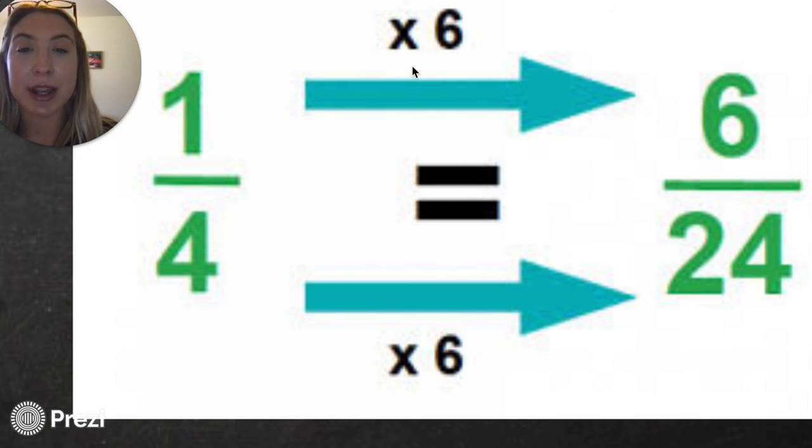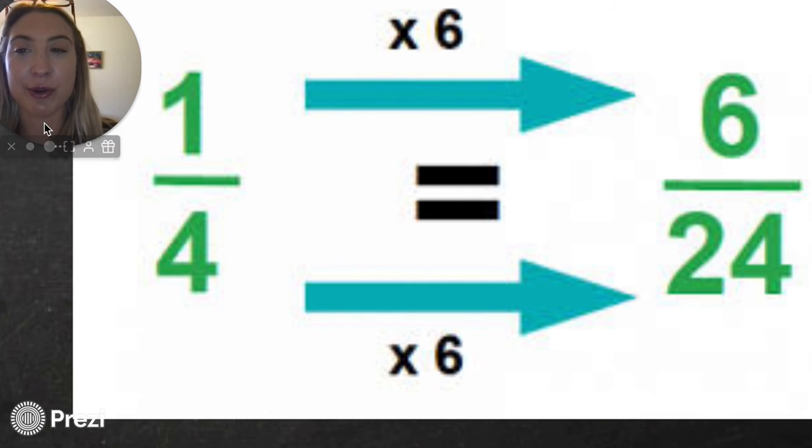I'm going to multiply the top number by 6 and the bottom number by 6. So 1 times 6 gives us 6. 4 times 6 gives us 24. And remember, you can skip count by 4s to your 6th finger to figure that out. And so that's how I know 1/4 and 6/24 are going to be equivalent fractions, because I multiplied the top and bottom number by the same number.